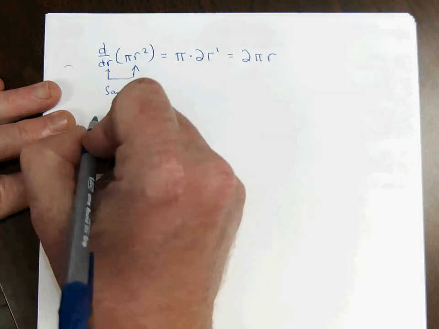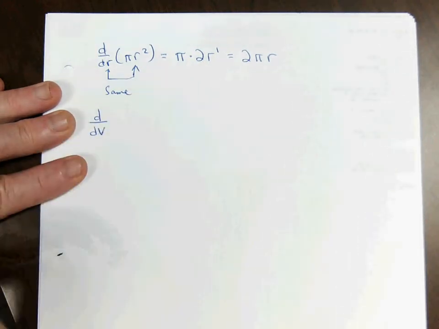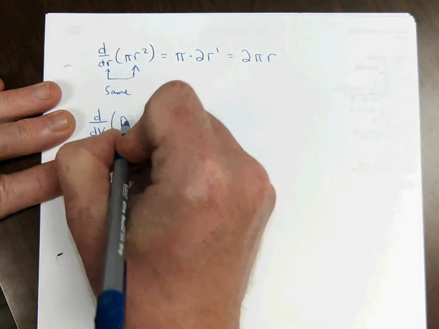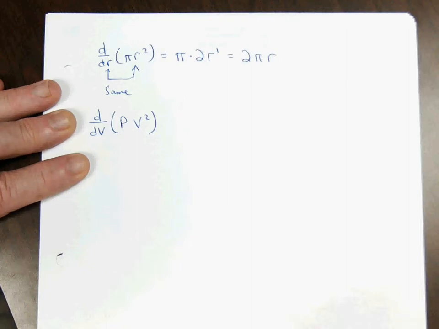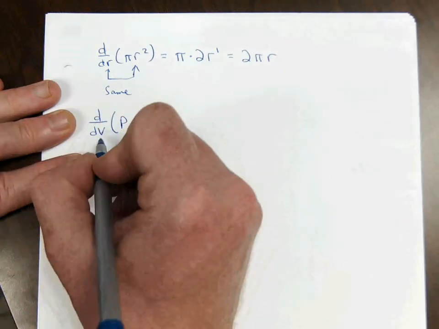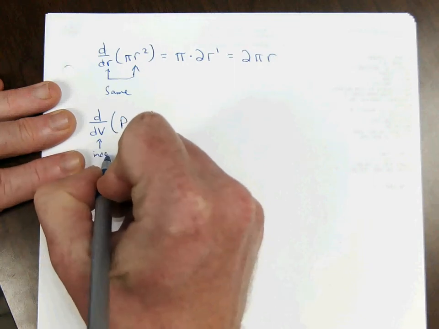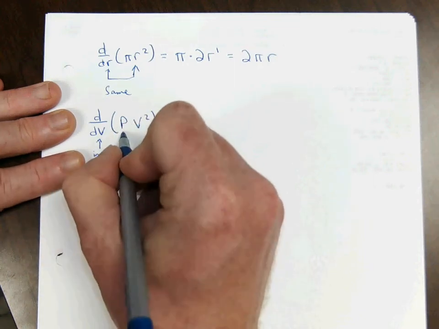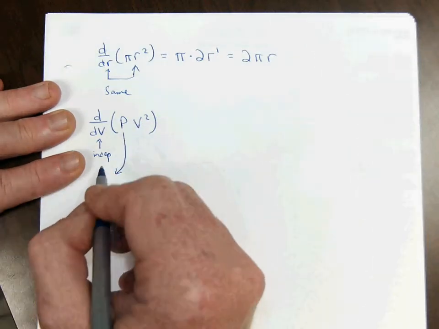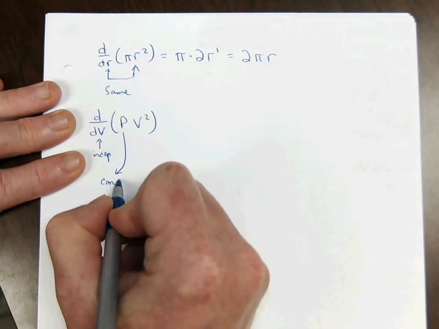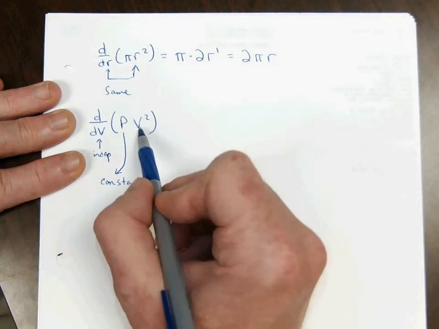Now an example that's just like that is, say I tell you to find d/dv of p times v squared. Without any further context, here's my independent variable, and without any further context, that's going to be important later, I can treat that p as a constant, and then I'm just differentiating v squared.